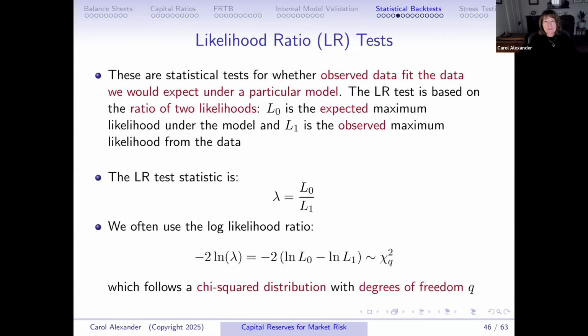Right, so why was I doing all that? Well, because likelihood ratio tests are the best way to properly test an internal model. And although banks have to pass the test for regulatory purposes, banks also use these more sophisticated backtests because it's not just for regulatory purposes.